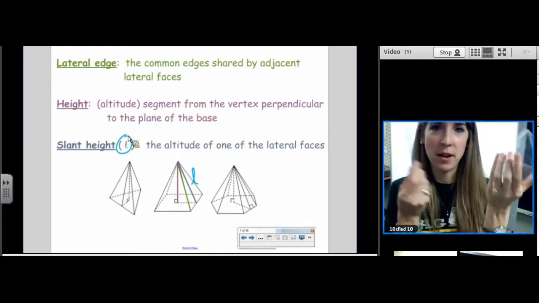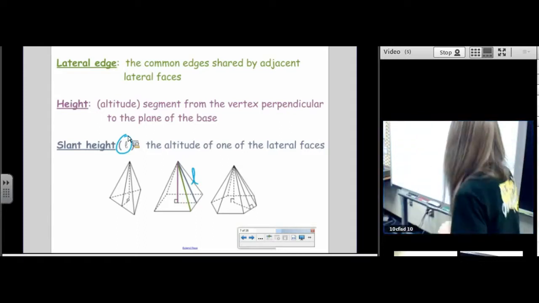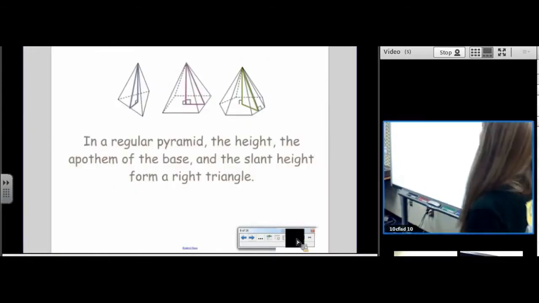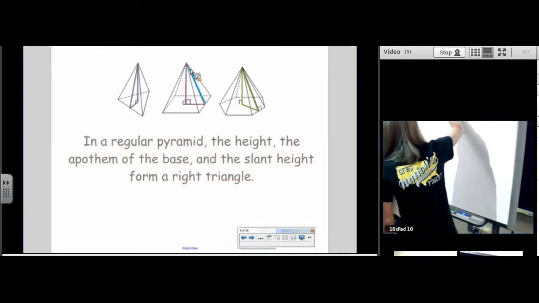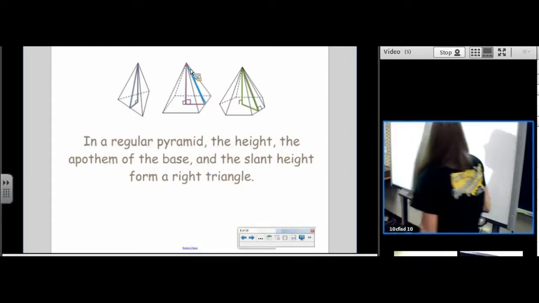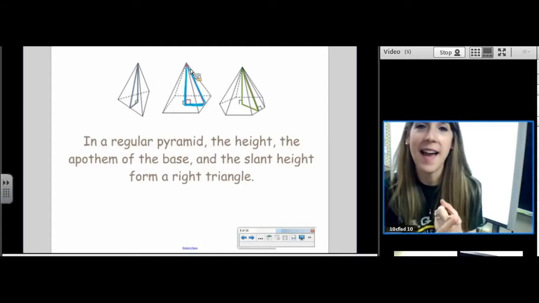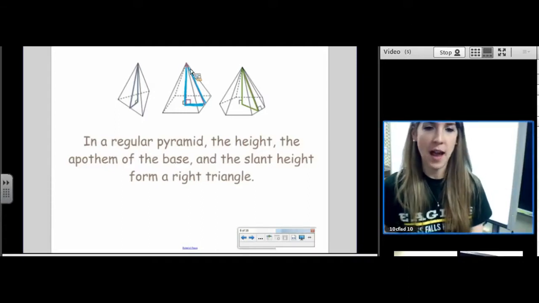I bet I could use better things than a purple pen and a clear, but this is what we have, so that's what we're going to do. Okay, so the slant height, the height, and the apothem of the base form a right triangle. Guess what that means? You're going to be using Pythagorean theorem. Maybe you'll use 30, 60, 90, but most of the time you'll be using Pythagorean theorem.